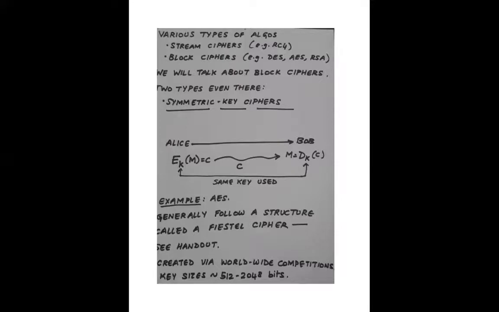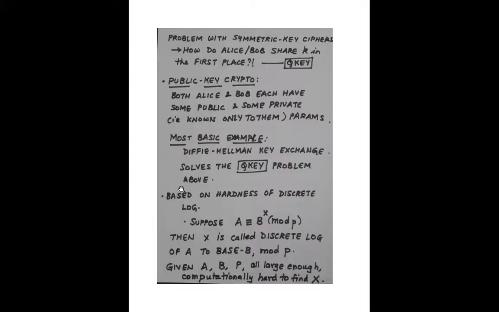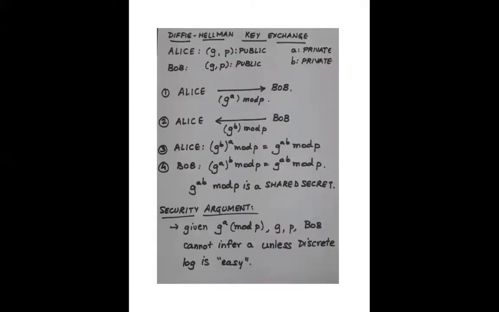So even TLS uses symmetric key crypto, but of course they use a layer of public key crypto to establish this key K first. And I gave you one such example, right? How Diffie-Hellman Key Exchange can be used to establish this key K, subsequent to which you have a round of symmetric key crypto. Okay, so that's Diffie-Hellman Key Exchange.